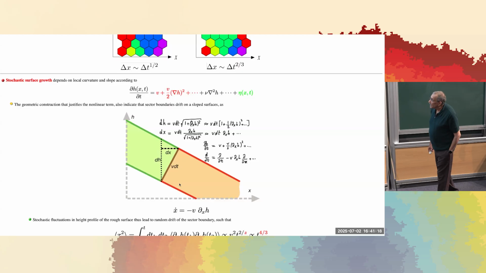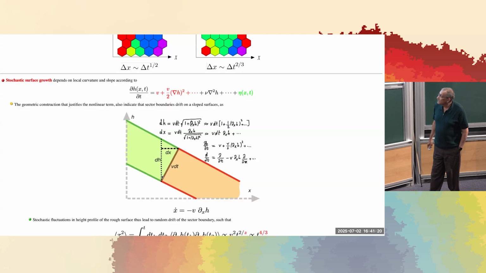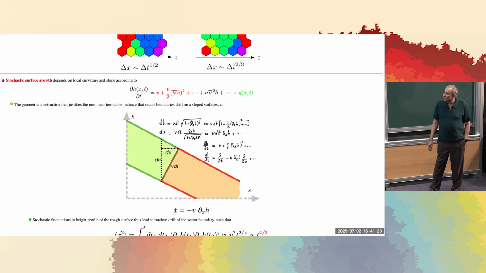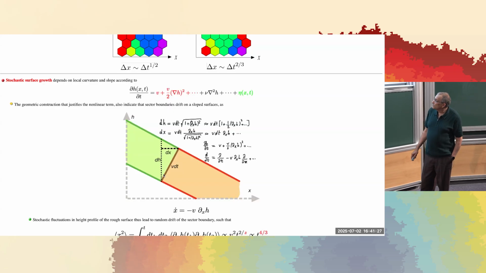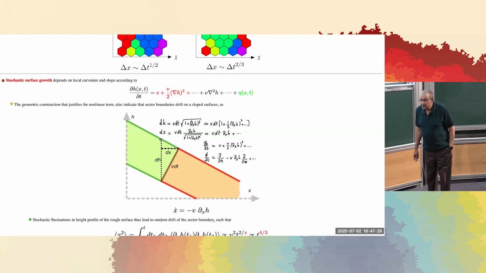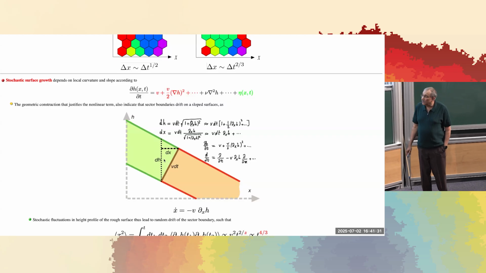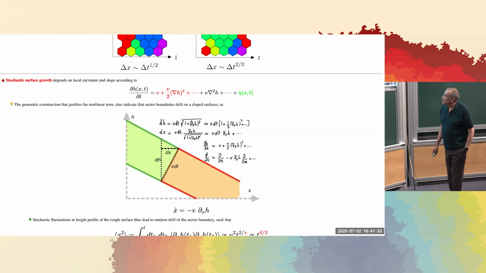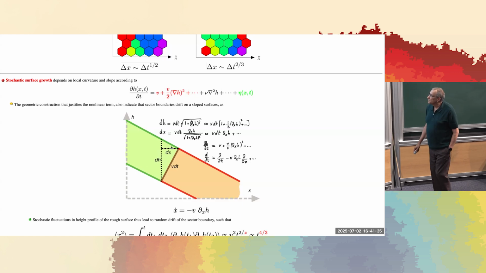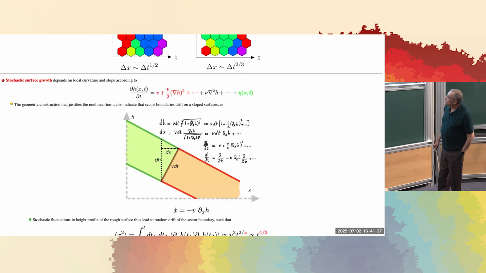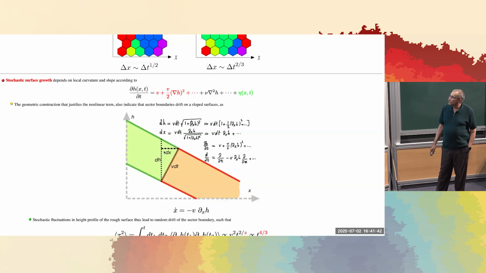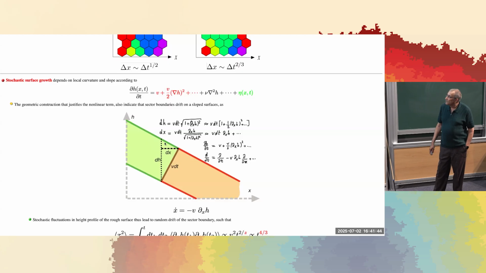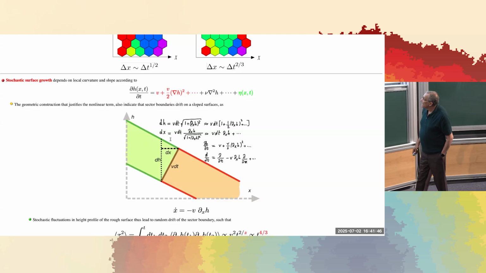Okay? Now the same construction that told you about this drift of the interface also tells you that the height growth on a sloped surface is proportional, from this geometric construction, to the square root of 1 plus grad h squared. You sort of have to jump more over here, and this was already mentioned by Kaz.